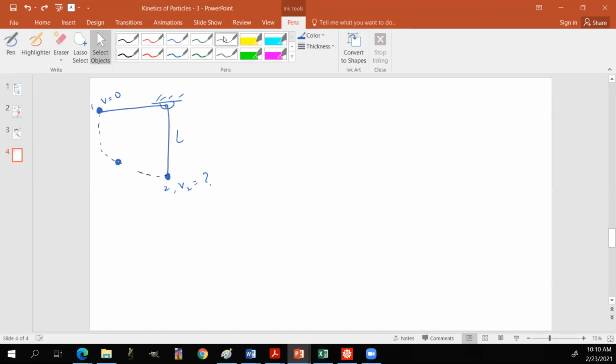So let's say that there's that force P. It acts straight up like that, and you'll always have the weight which acts downwards, right? So the question is, from position 1 to position 2, does this force P do any work?